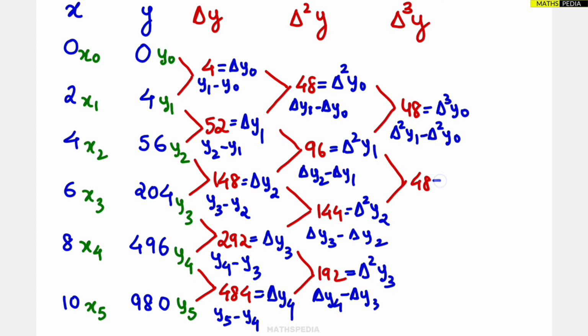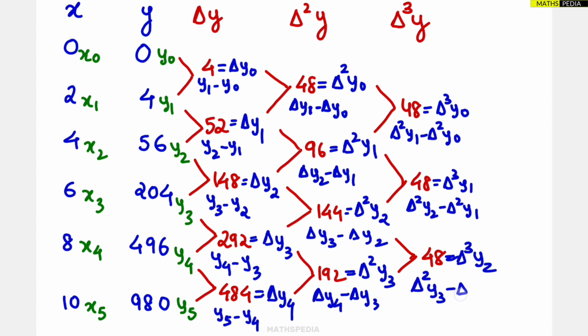This is delta cube y1. How did we get this? Delta square y2 minus delta square y1. The difference between this and this is again 48, and this is represented by delta cube y2, which is delta square y3 minus delta square y2.